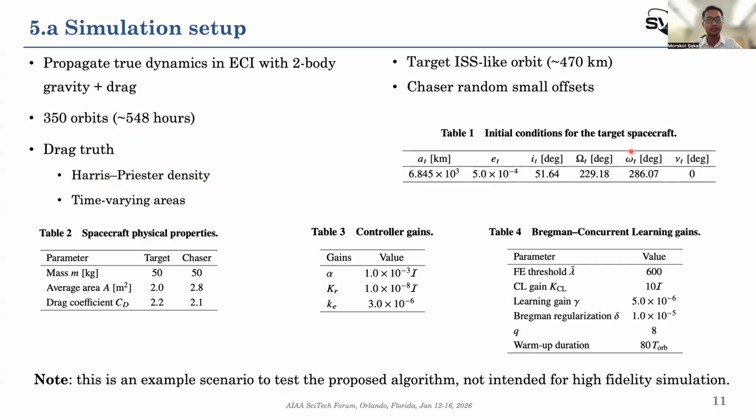The rest of these are the initial conditions and the gains that we use for the simulation. For this example scenario, I want to emphasize that we're not planning to make this simulation high fidelity. We just want to make sure that it has enough fidelity that we can test our proposed algorithm and demonstrate that our algorithm is actually working properly.